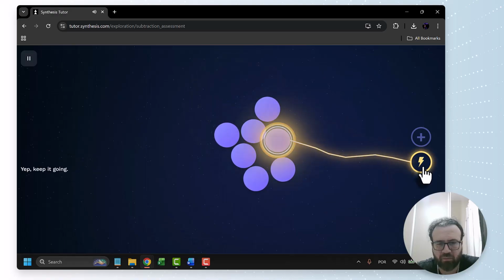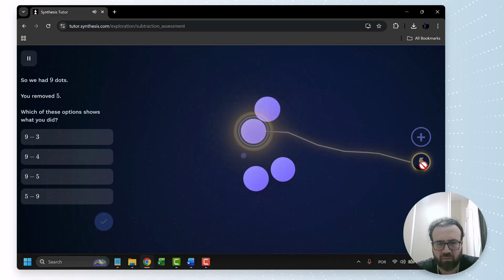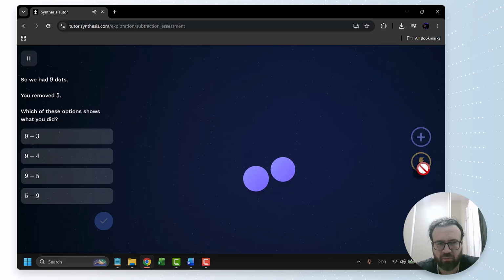Yep, keep it going. So we had 9 dots. You removed 5. Which of these options shows what you did?